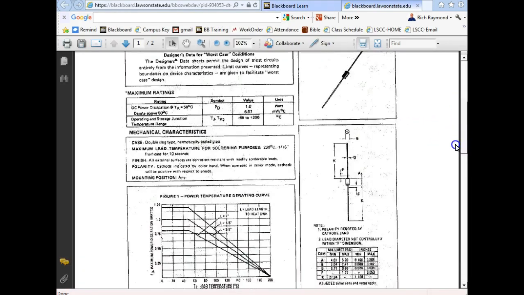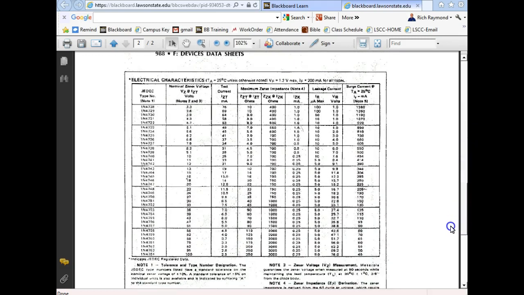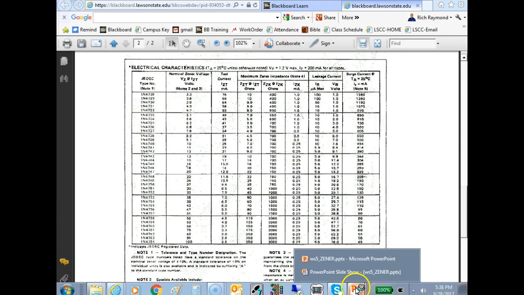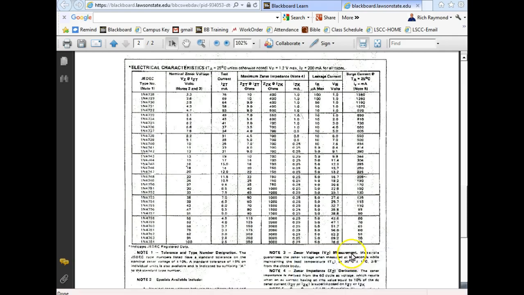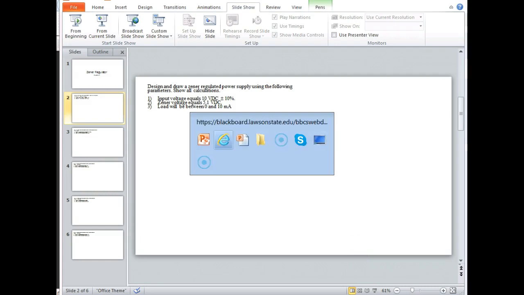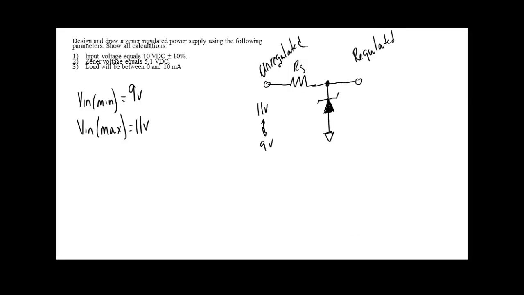And then we're looking for one that's got a VZ, a Zener voltage, of 5.1 volts. So we're going to use the 1N4733, and this is a 1 watt, 5.1 volt Zener, which would be the VZ.